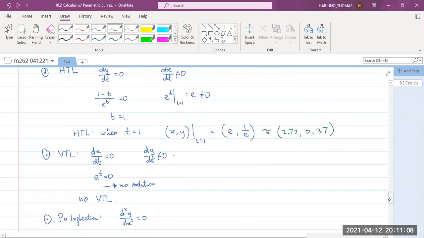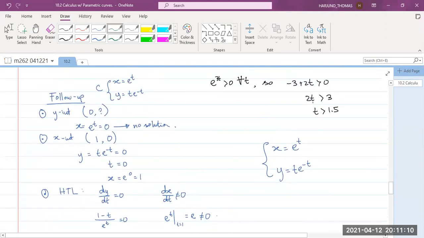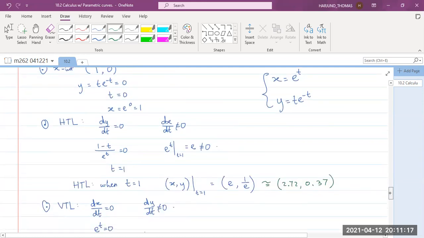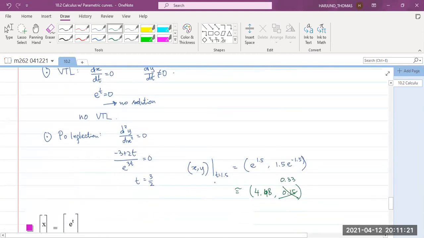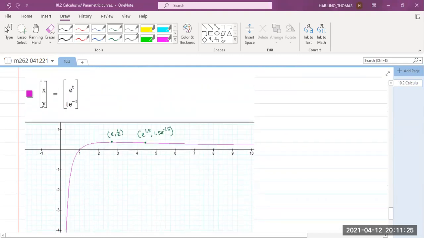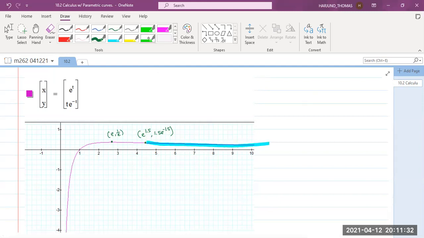Okay, and the curve is concave up when t is more than 1.5. Where is that? Means when t is greater than 1.5. So the curve is concave up to the right of this. Now the one here, it is concave down. From the graph only, it's hard to tell, right?